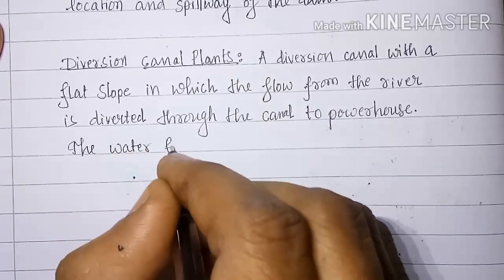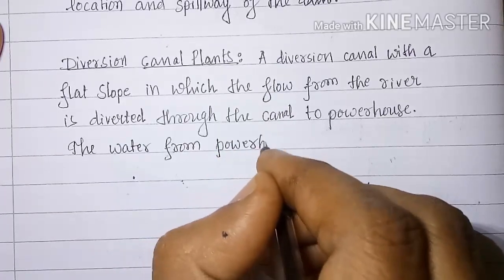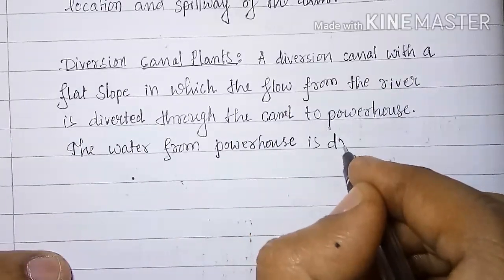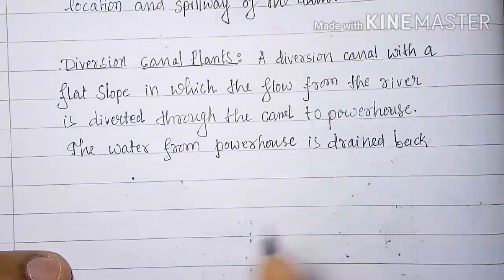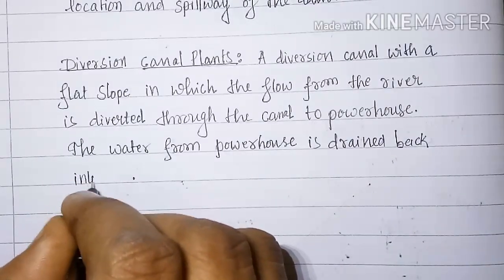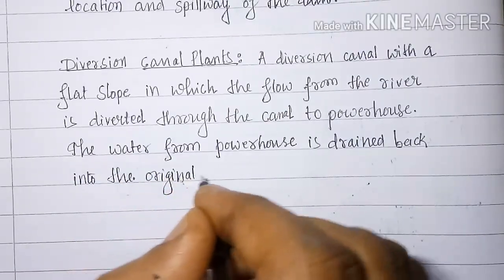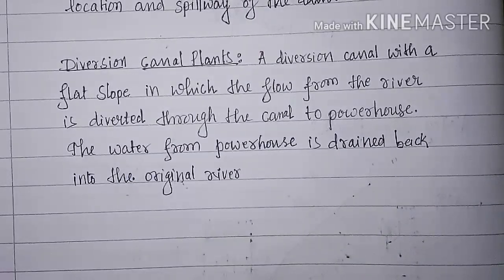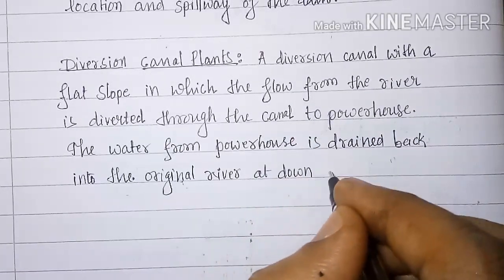The water from the powerhouse is drained back into the original river at a downstream point.